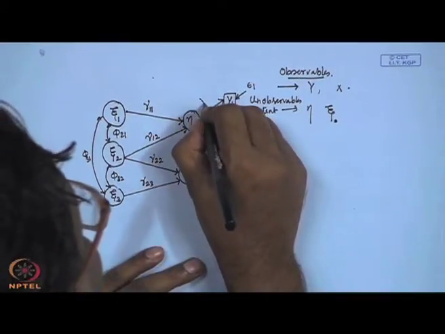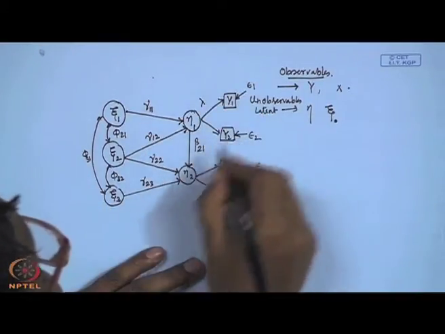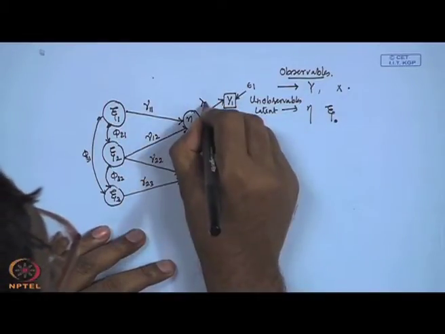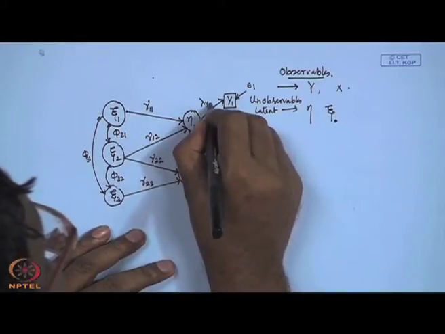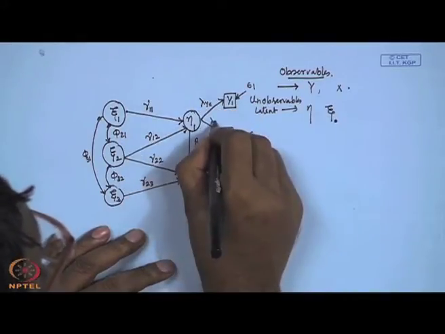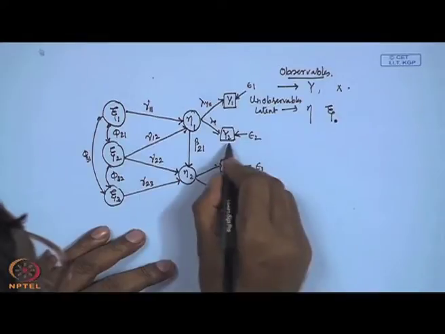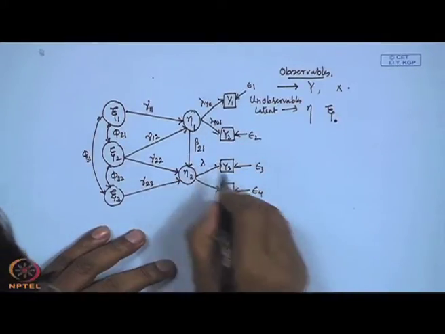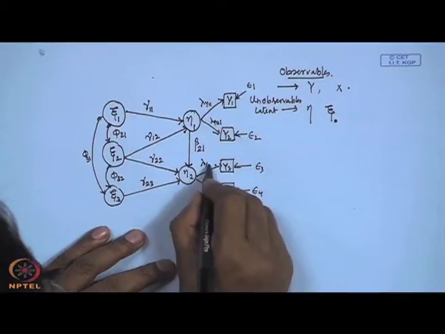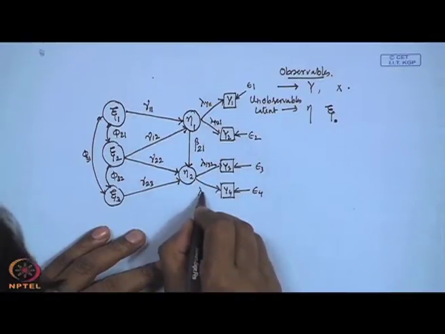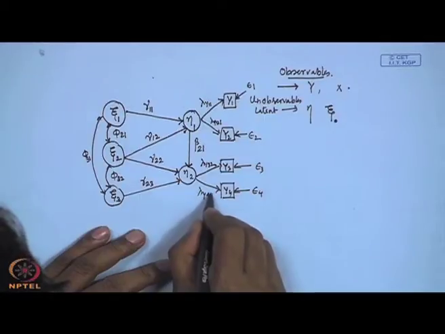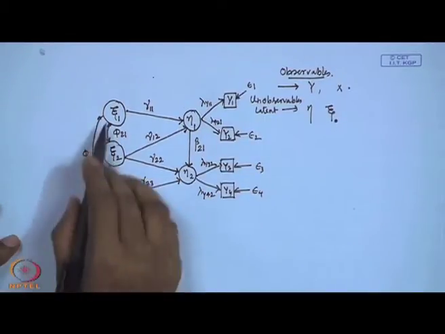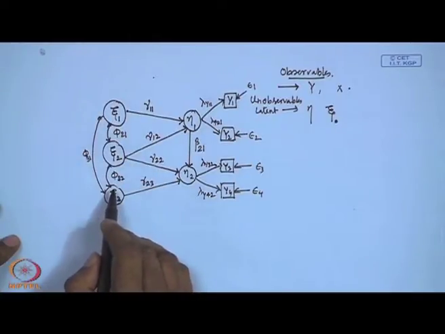So, you can give a notation here. We have given lambda, and let us use another subscript y. This is lambda y 1 1, then lambda y 2 1, then lambda y 3 2, and lambda y 4 2. We also require to measure this side.